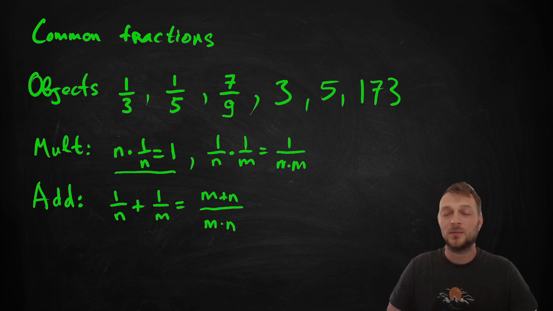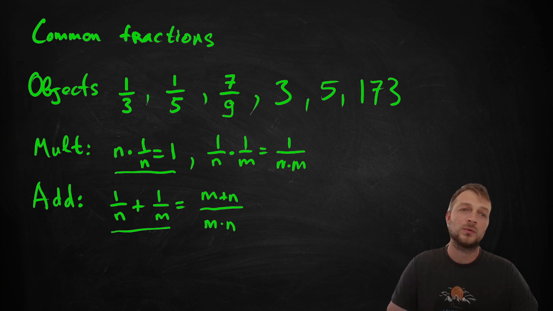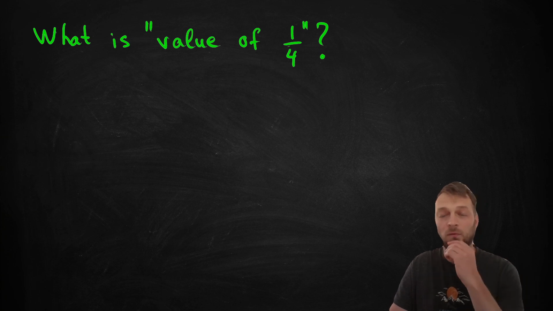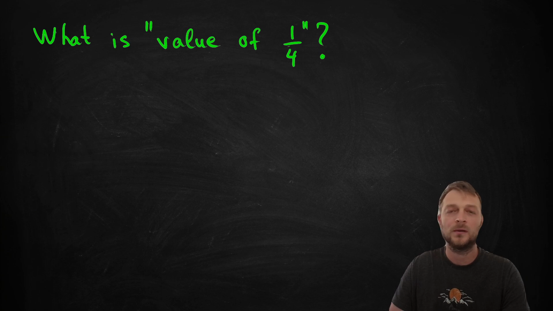And we have a special addition rule, like using a common denominator. And now we need to answer the question, what is the value of 1/4? What does it mean to compute 1/4?